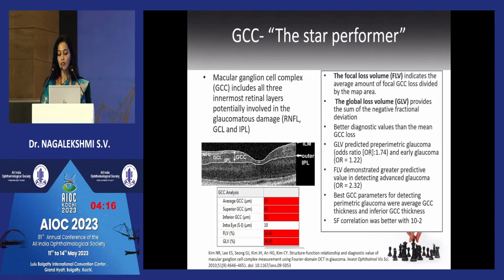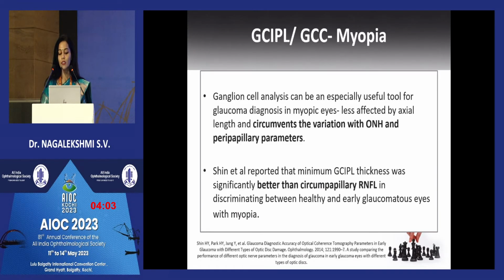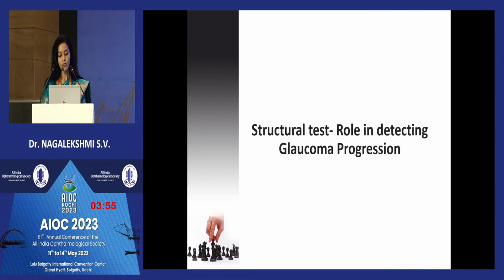The new parameters like focal loss volume and global loss volume have better diagnostic values, especially the global loss volume, which has a higher odds ratio in early glaucoma, and FLV in detecting even advanced glaucoma cases. Also, it has an edge in high myopic eyes, where it is less affected by axial length parameters and also circumvents the variation with ONH and peripapillary parameters.